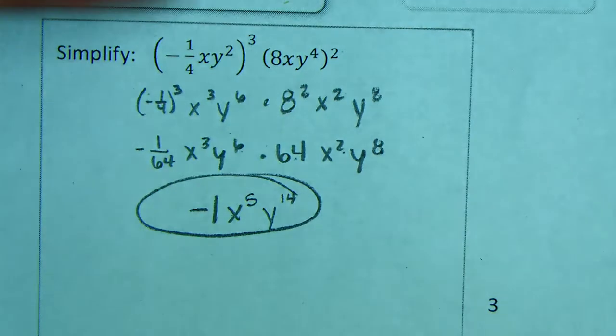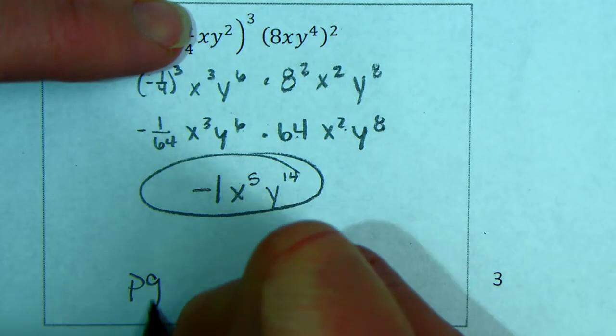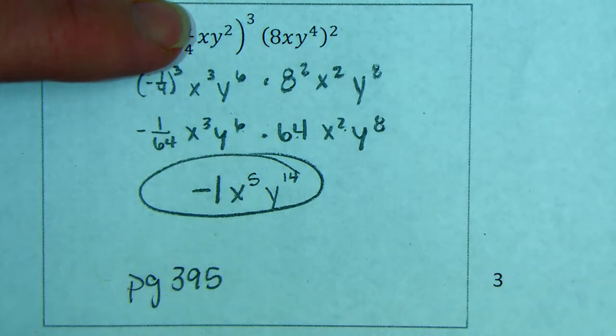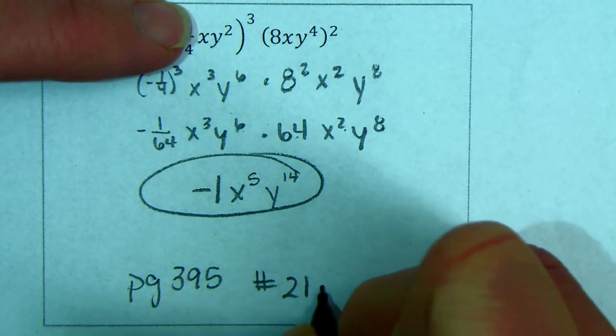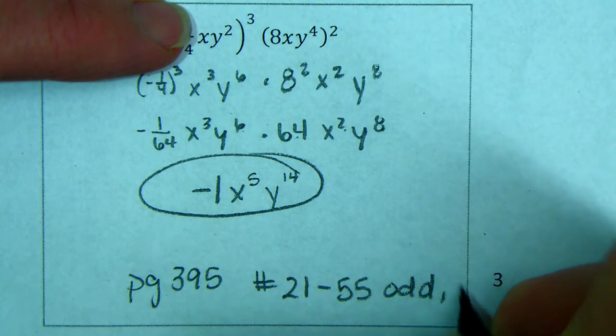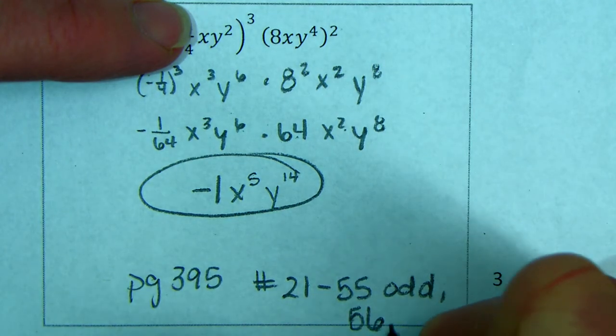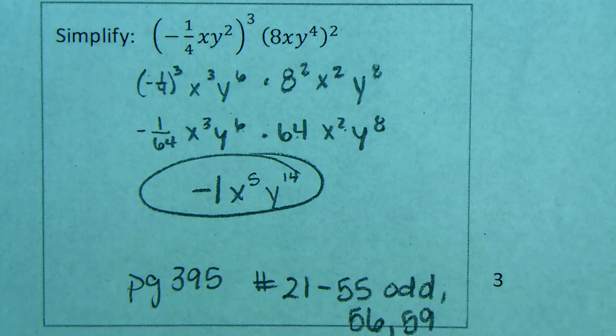It's a copy right out of the book because we are doing an assignment out of the book from page 395. Don't worry, that is the one that's on the back of this page. And you're going to do easy, 21 through 55. Don't panic, odd. And then I want you to do number 56 and number 59. It's only 20 questions. You'll be fine. Okay? Good luck. We'll see you later.